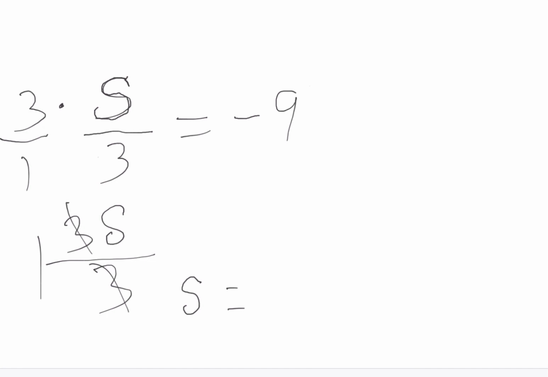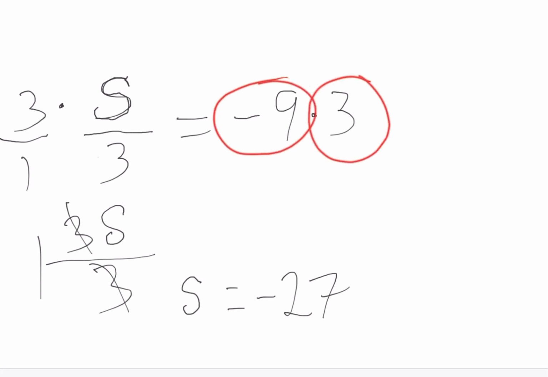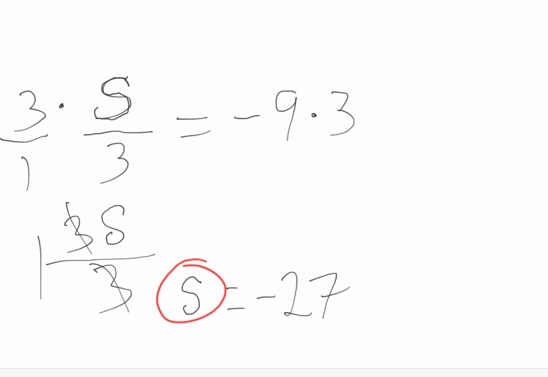So I've got to multiply -9 by 3. What is negative 9 times 3? It is negative 27. Okay, so negative 9 times 3, bring that down here. Now I know s equals negative 27.